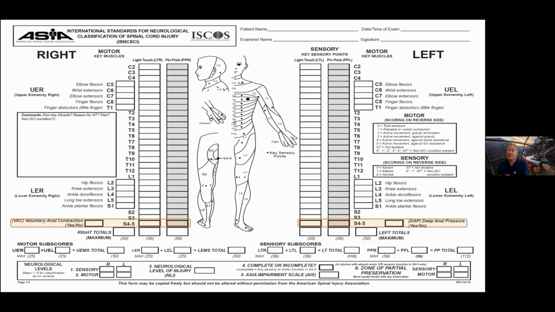And so you have to make sure that they're truly experiencing sacral pressure and not an increase in blood pressure or some other way that they are experiencing autonomic dysreflexia in response to this noxious stimulus.